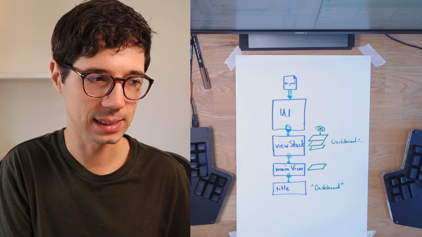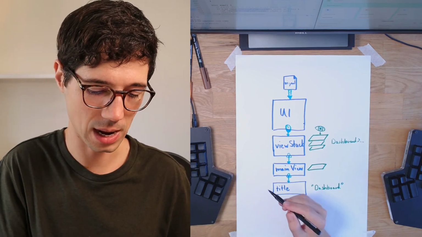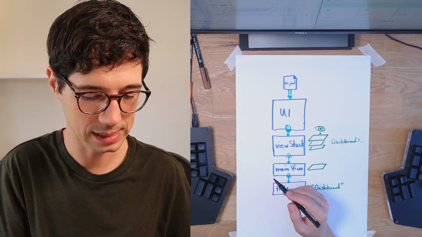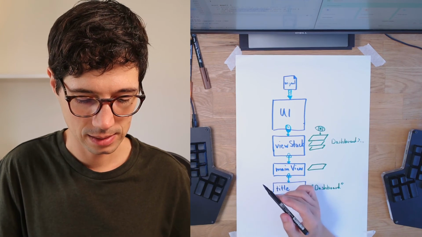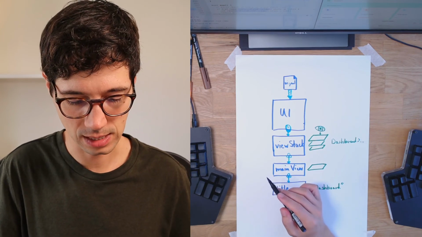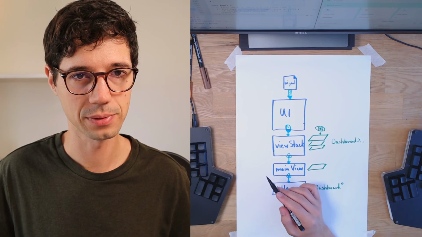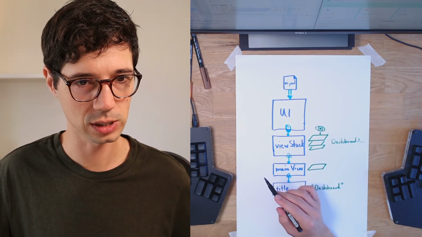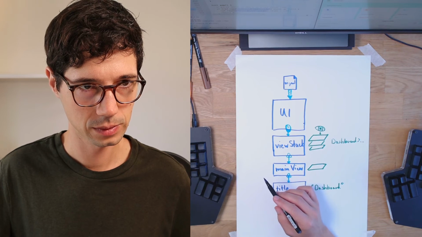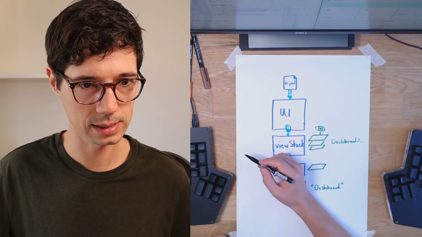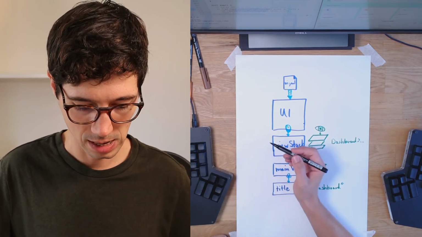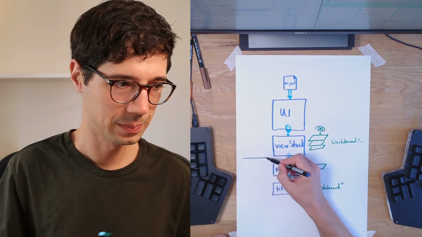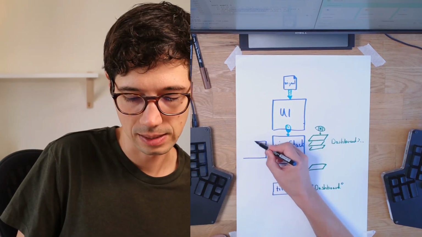And one of the things that we might want to make our main view dependent on is the not found path. The not found path, let me check if it's called actually like this. Yes, the not found path provider. The not found path provider is also influencing the main view.